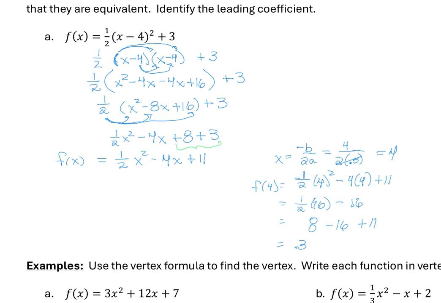So for this version of our function, we are confirming that our vertex is 4, 3, and that's exactly what we have up at the top. Remember, we changed the sign of the inside number because it says minus 4, which means my x coordinate is 4. And we keep the sign of the outside number, so this is 3.